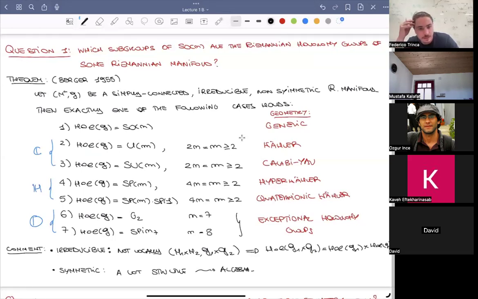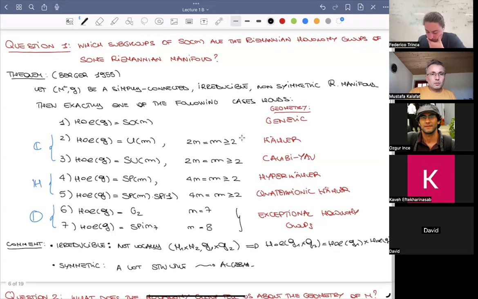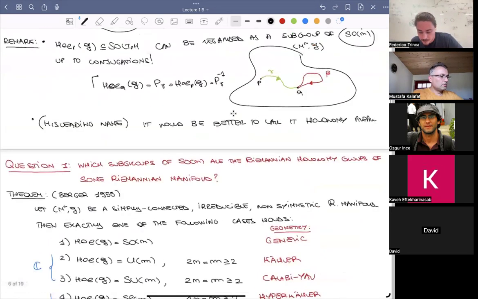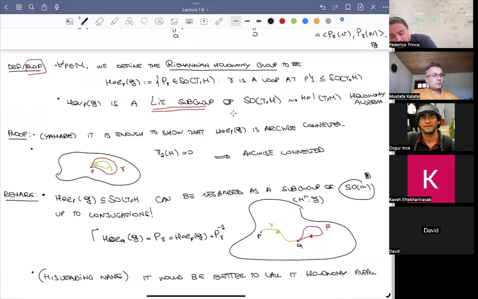Any question on Berger's theorem? Okay. The Yamabe you mentioned is the same Yamabe as in the Yamabe problem, right? In the previous slide, I mentioned Yamabe's theorem. It's a theorem of Yamabe that says if you have an arcwise connected subgroup of a Lie group, then it's automatically a Lie subgroup.